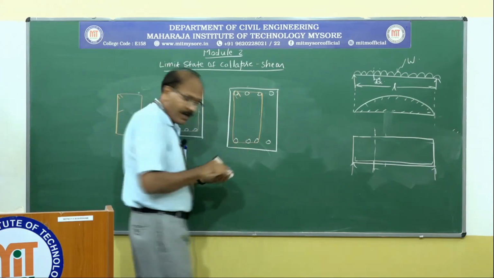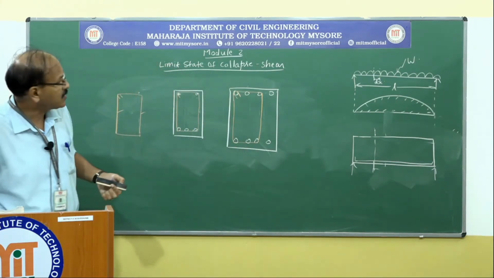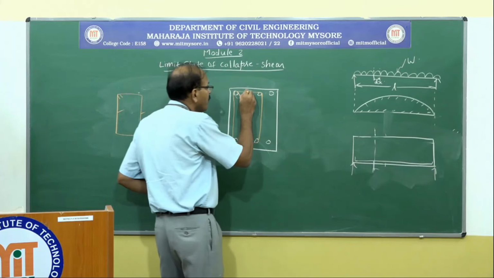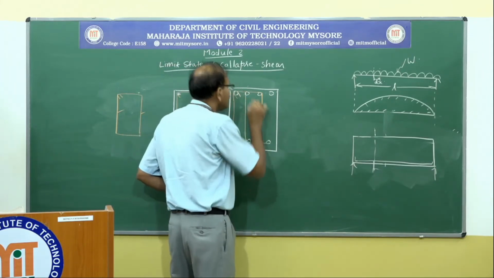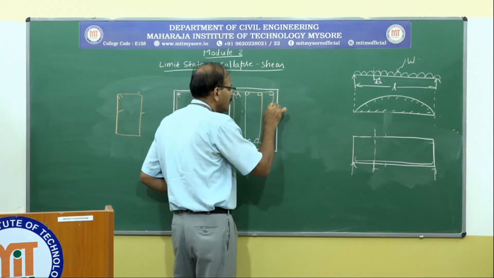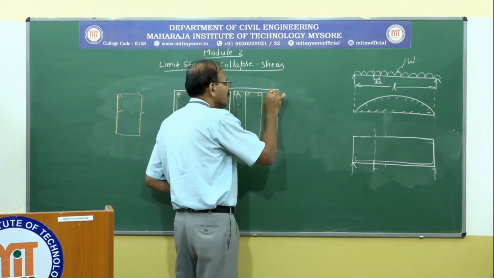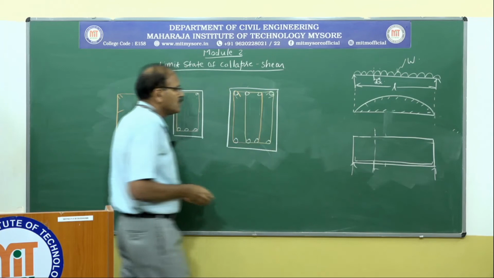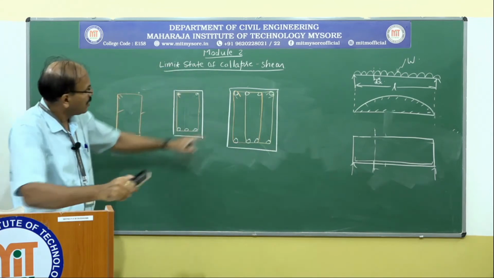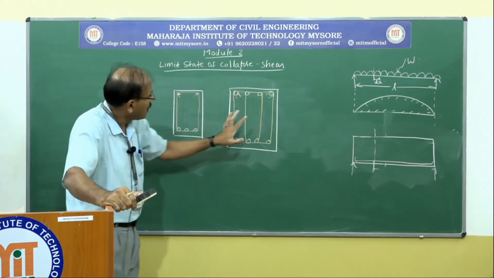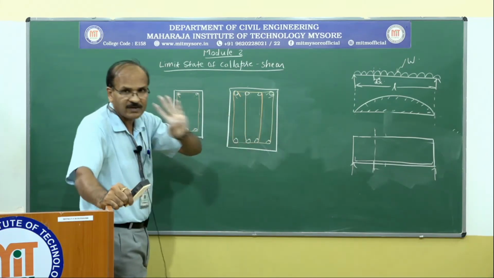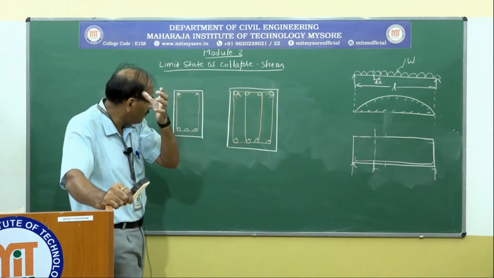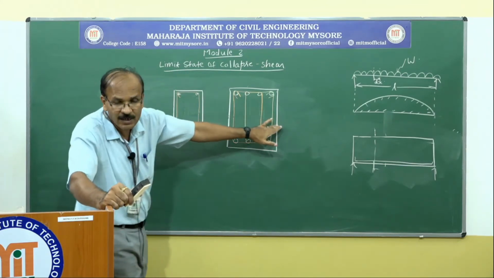Similarly, we are going to provide another stirrup like this. So totally we have 2 stirrups and each stirrup will have 2 legs. Totally we have 4 legs. So in the case of design, we need to consider 4-legged stirrups.